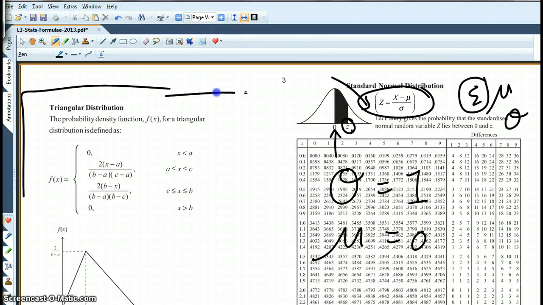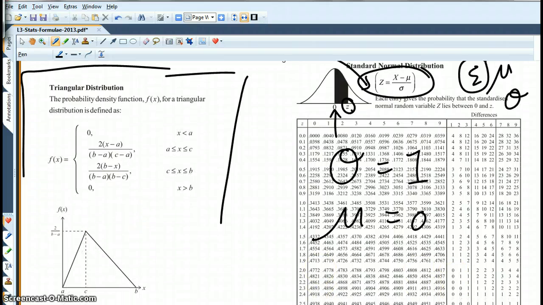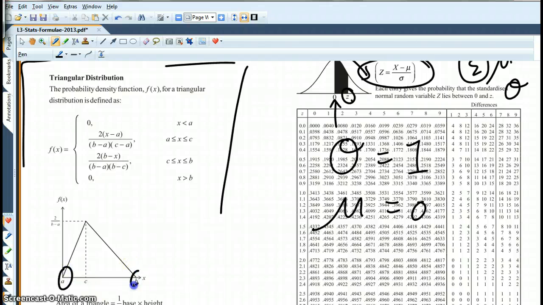Triangular distributions. Again, they've actually given you this time the a, b and c, and so you can just plug those in very nicely into that piecewise function.